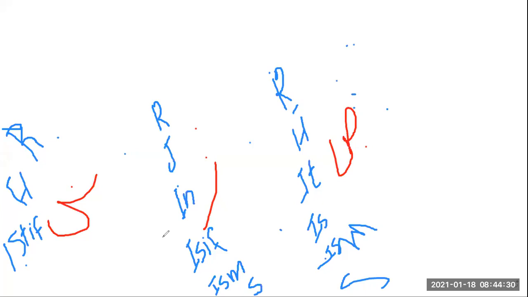So س is the weakest letter in this group. And the strongest letter in this group is ص, because it has a lot of strong qualities like استعلاء, إطباق, صفير.